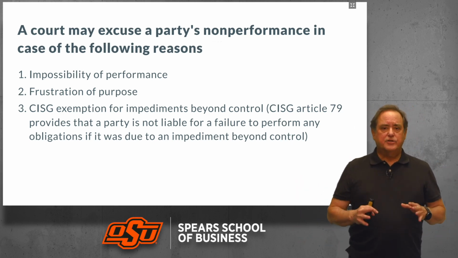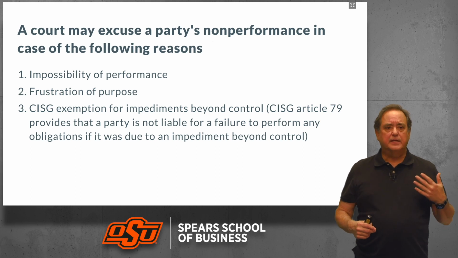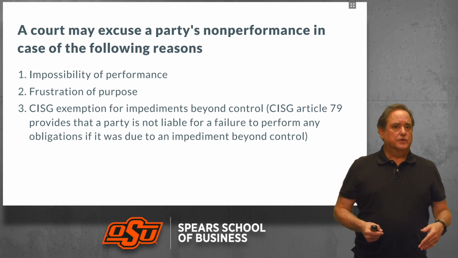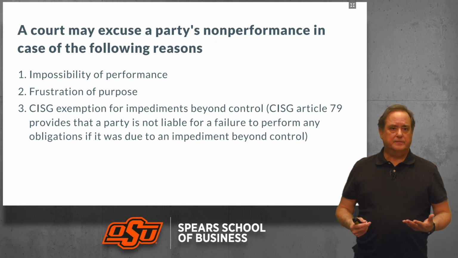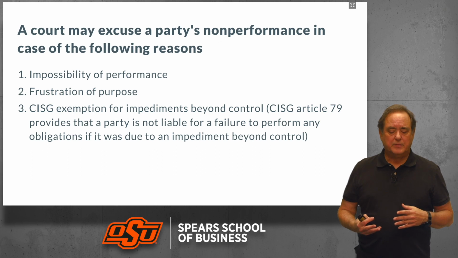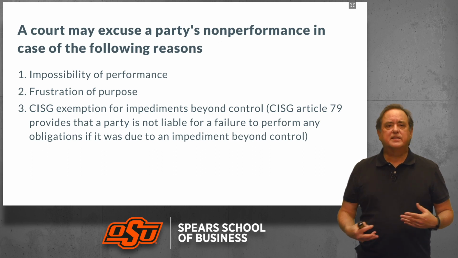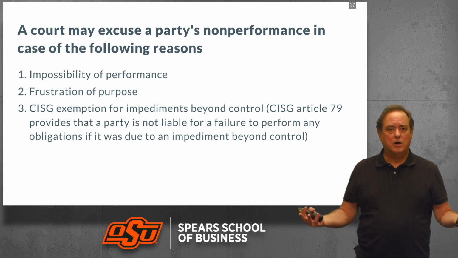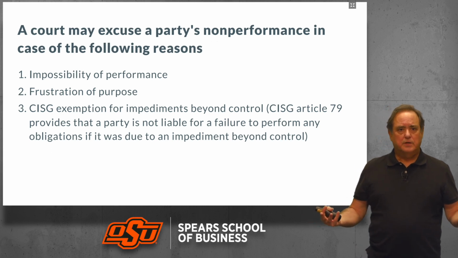Now, what are the excuses set out in the contract or in the CISG? First of all, impossibility. Impossibility of performance usually arises when the subject matter of the contract is no longer available.